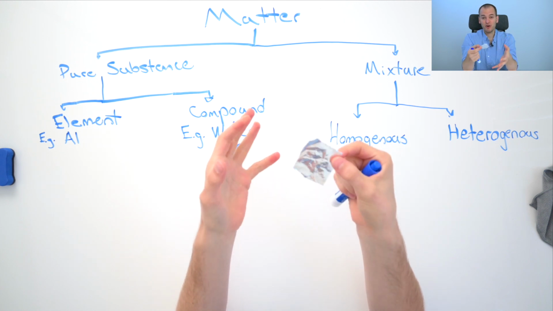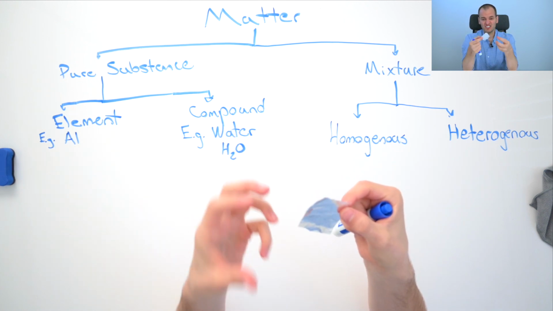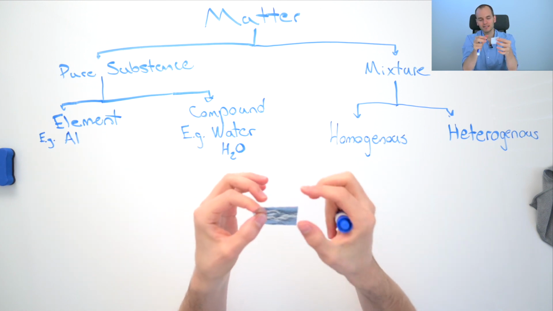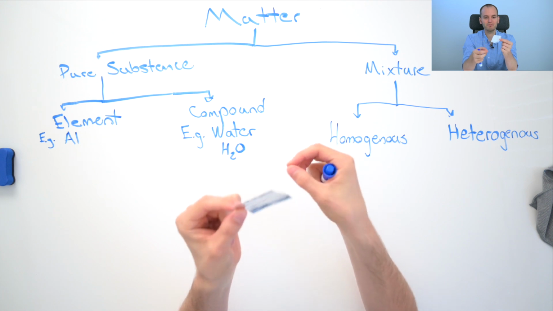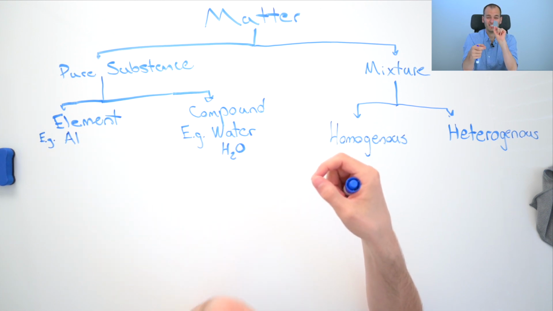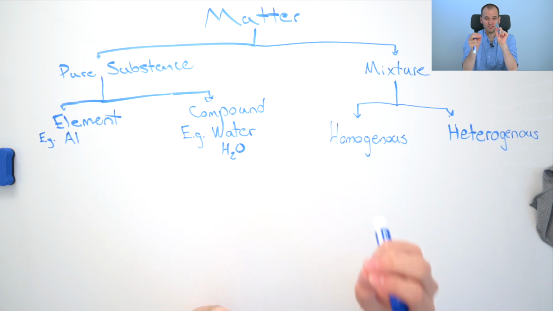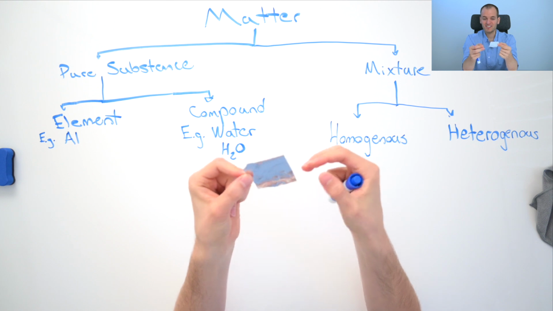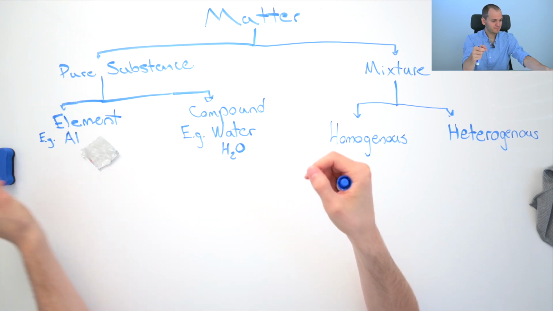So this is pure. There's nothing else in there. Now, some aluminum foil can have other coatings and things like that on it to make it stronger, but assuming this is just regular old aluminum foil, this is only aluminum atoms. So just the element of aluminum. So it is pure. Nothing else is in there with it.